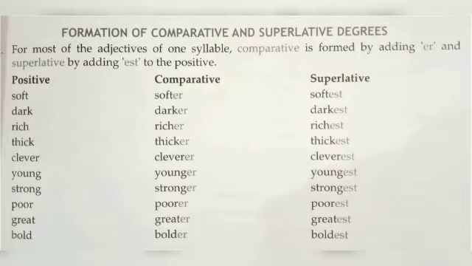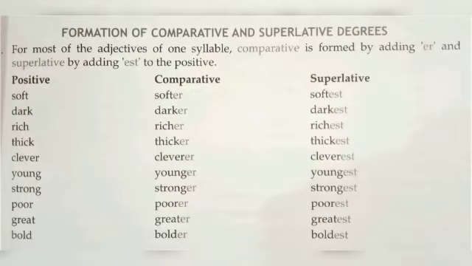Now let's come back to the definition of the first point. It says that when we have one syllable, then a comparative is formed by adding er, and when we have superlative, it is formed by adding est to the positive. Now we have so many examples in the book. Let's discuss a few of them. First one is soft. As you can see, the word soft has one vowel.